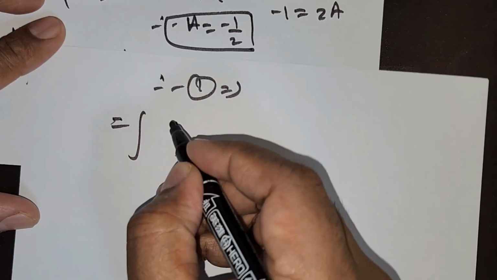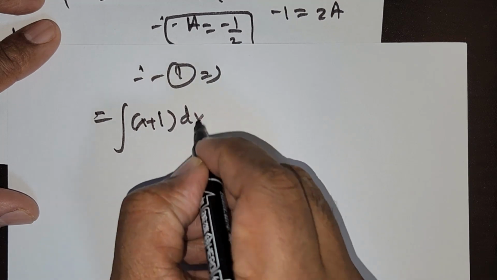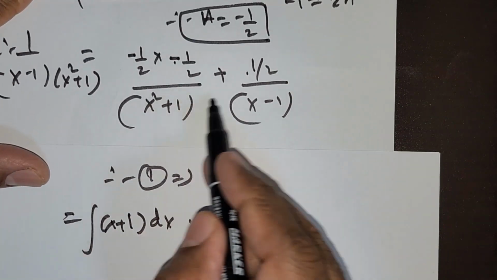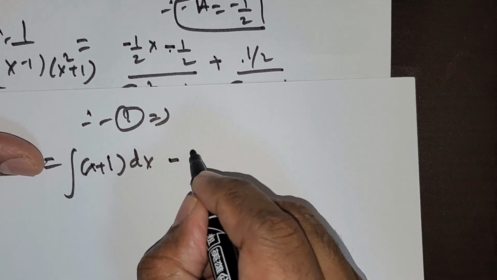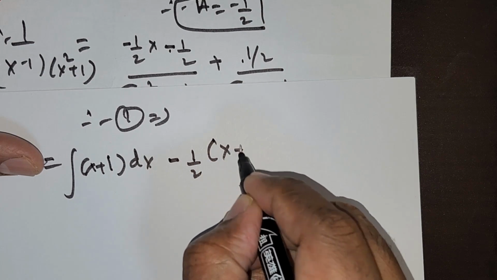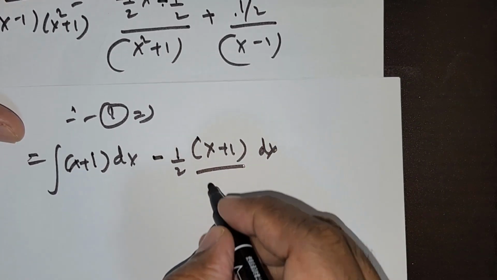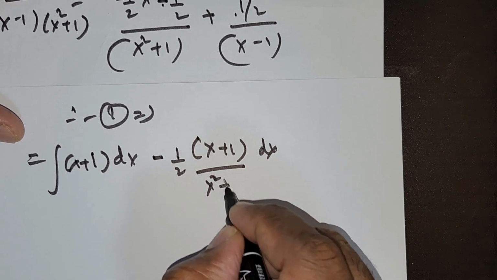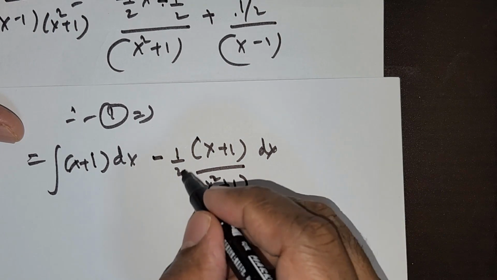so on one end you have the integral of (x plus 1) dx, and on the other end you have this. So I'm going to place these values. I'm going to take negative 1 over 2 out. So you get (x plus 1) dx divided by x squared plus 1. This is one particular term.